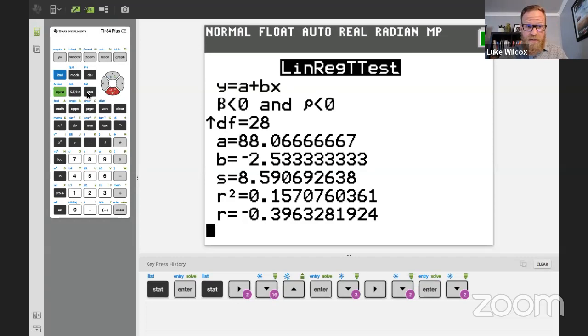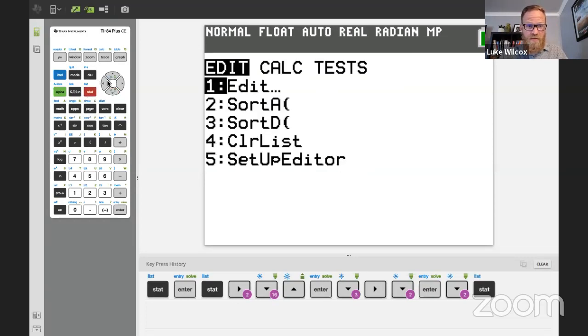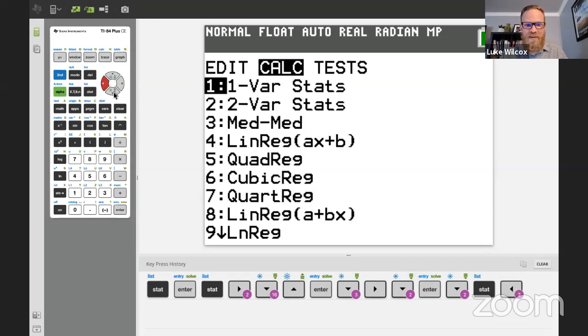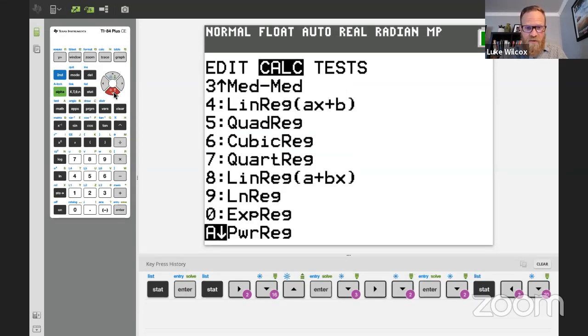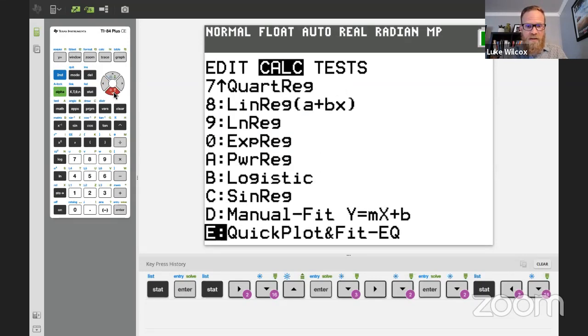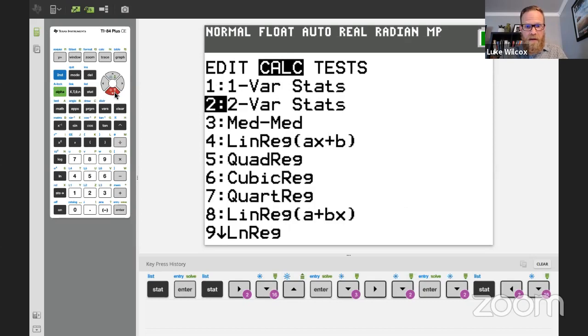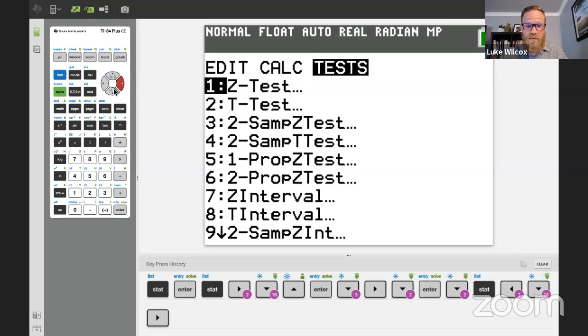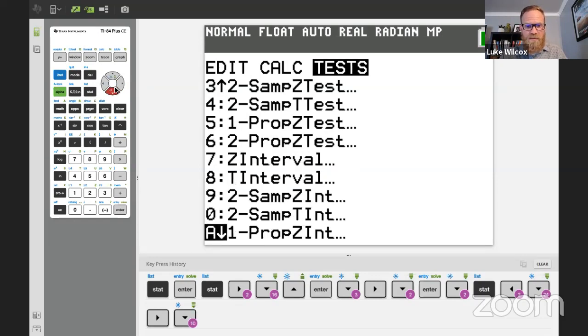Now, the other nice thing that you have on your calculator, which I know is coming up in the next question, is to do a confidence interval. So I'm going to go down now to linear regression, oh, I'm sorry, test. Let me go over to test. I'm going to find the linear regression T interval, which is right below the test.